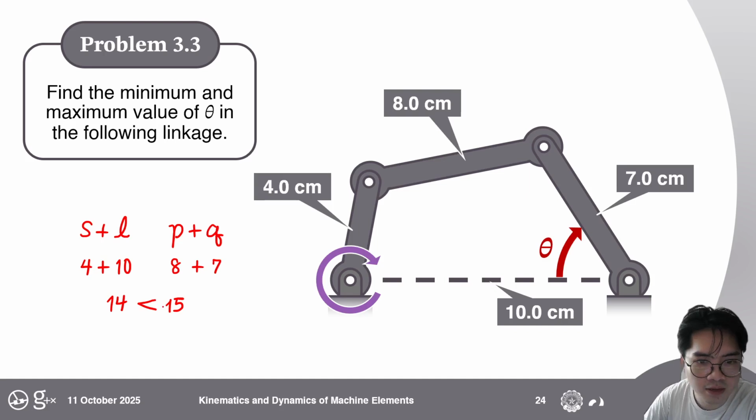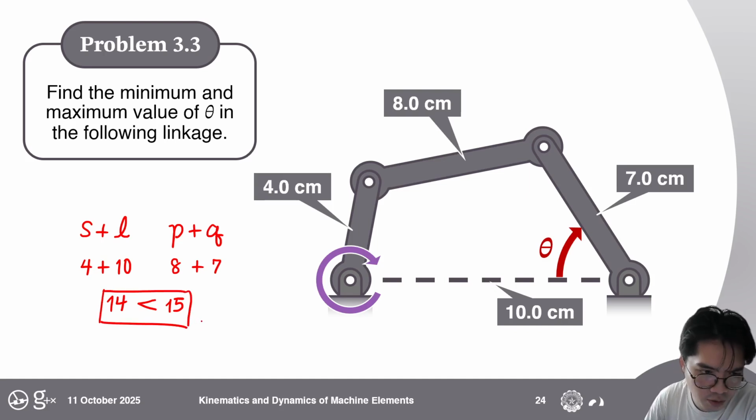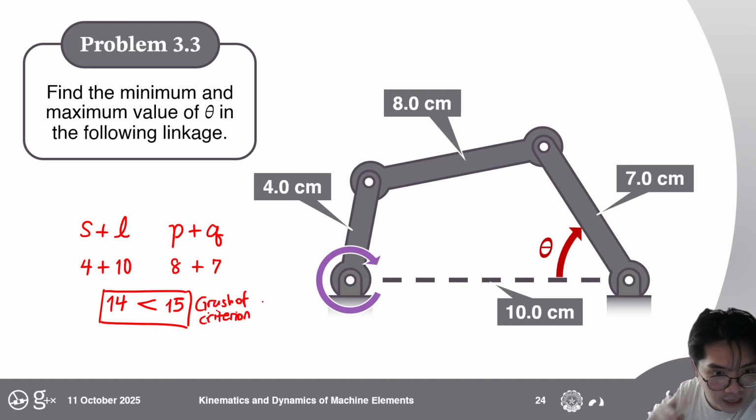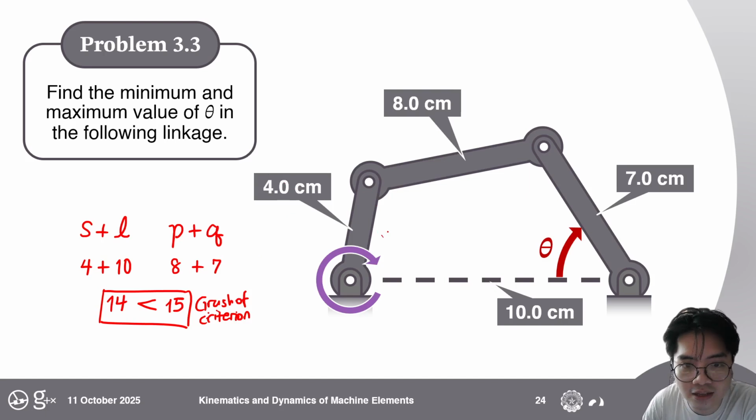This seems to be correct, or rather, less correct, more in the sense that this follows the Grashof criterion, which means at the very least one of the links in here is able to rotate. And if we remember, one of them is a crank. If the shortest link is the turning link, then at the very least we know that this is a crank and that this is a rocker.